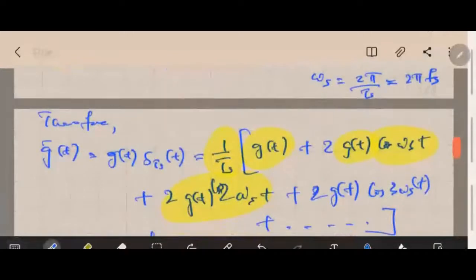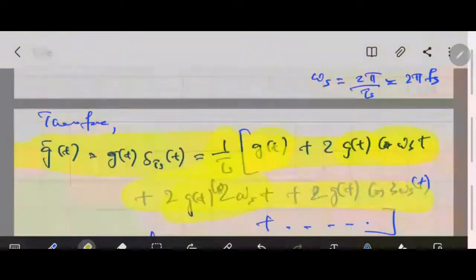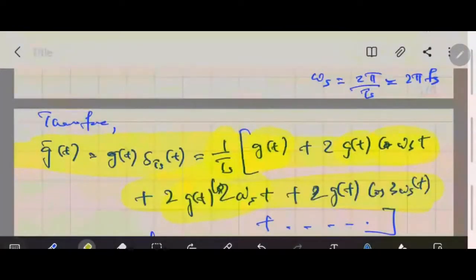Within this sampled signal, which one is the message signal? Can you tell me which one we want to get back? Any one of you?